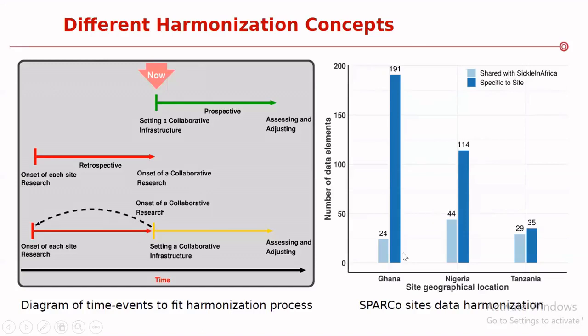So the idea of harmonization is now to try to bring these other elements either to match the ones from the SickleInAfrica, or to make sure that these other elements can also become part of the SickleInAfrica, so that all other people, if they want, can use those elements.